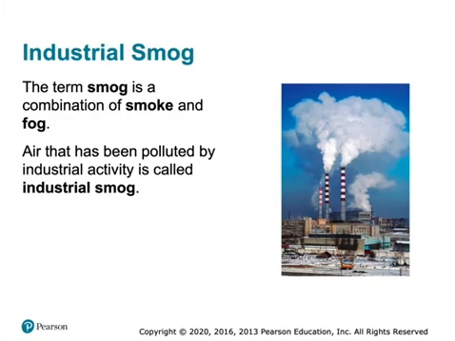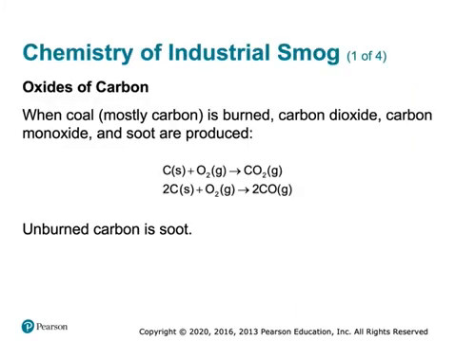So industrial smog. There are common names for this. London fog is another one. It's a combination of smoke and fog, mostly sulfur dioxide and particulates. So what is particulate? Particulates are tiny particles. When we burn carbon, it produces, among other things, soot.